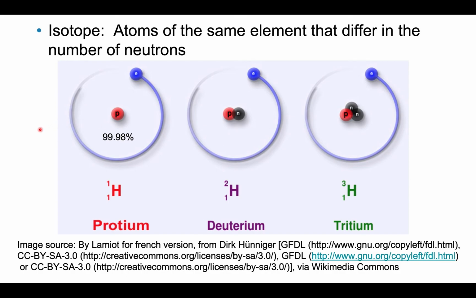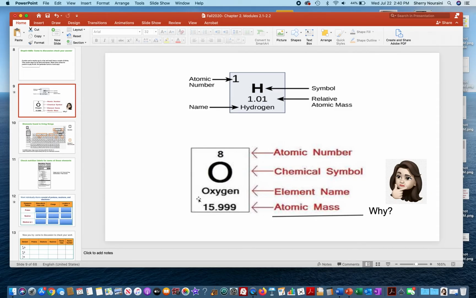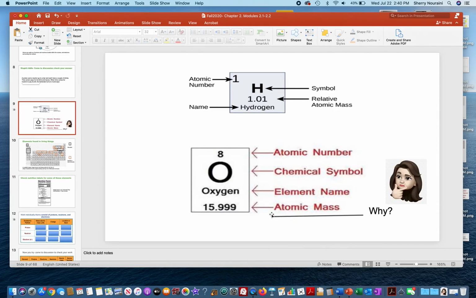Okay, so now that brings us to the fact that there are different isotopes of an atom in nature, and there are different amounts of them. It brings us to this point of why it is that atomic mass usually comes in fractions.